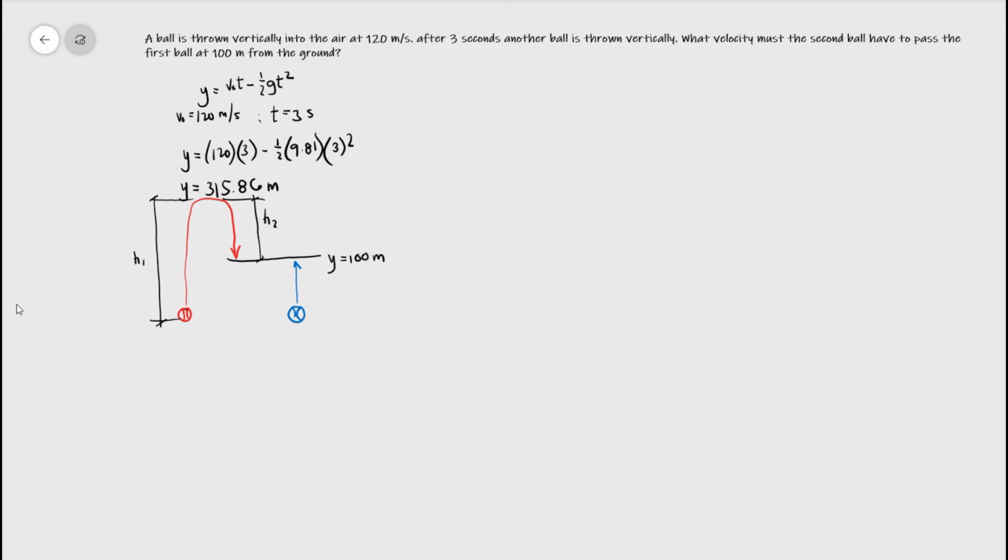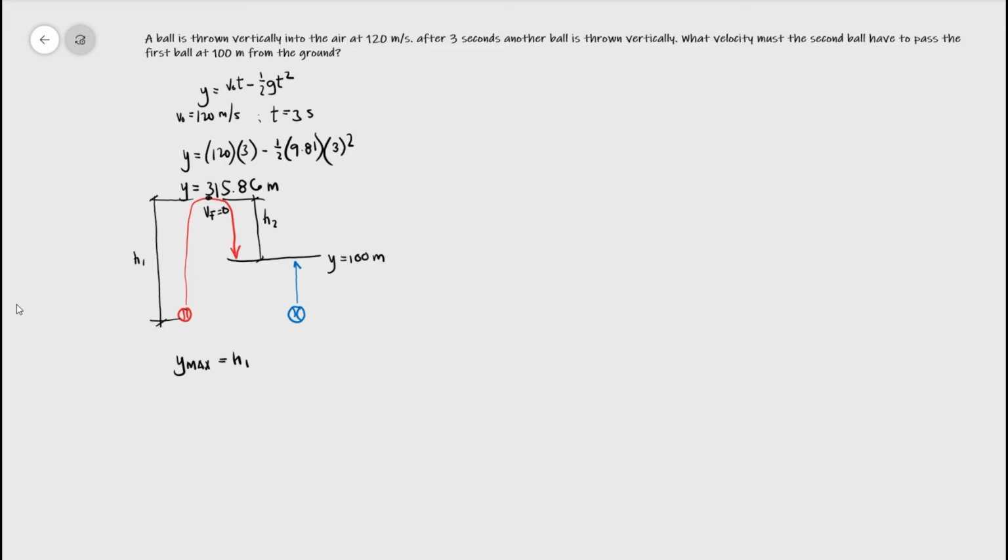Now to get our h sub 1, or let's say our y sub 1, the maximum height, we know that at the maximum point our final velocity is equal to 0.